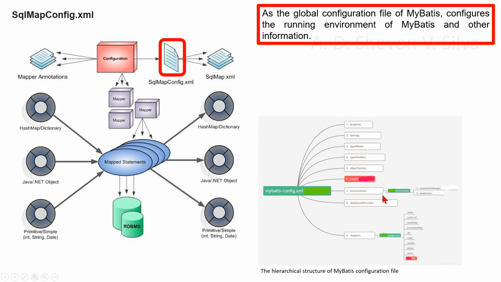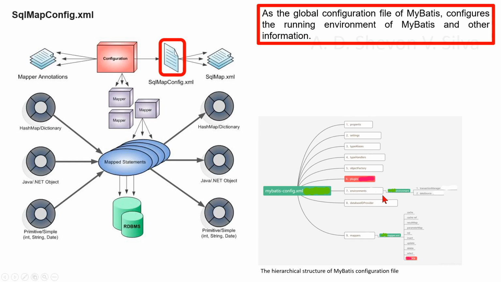For example, you might have a different configuration for your development, test and production environments, or you may have multiple production databases that share the same schema and you would like to use the same SQL maps for both. There are many use cases.